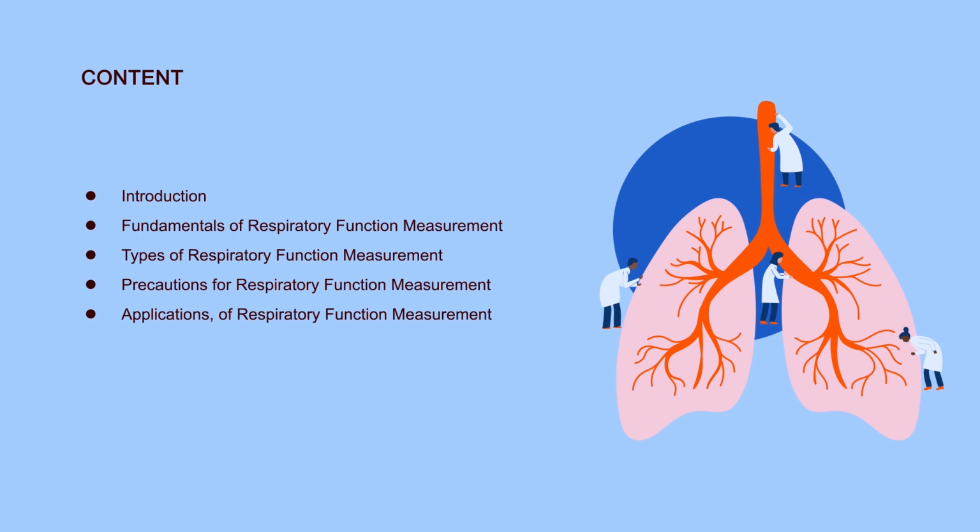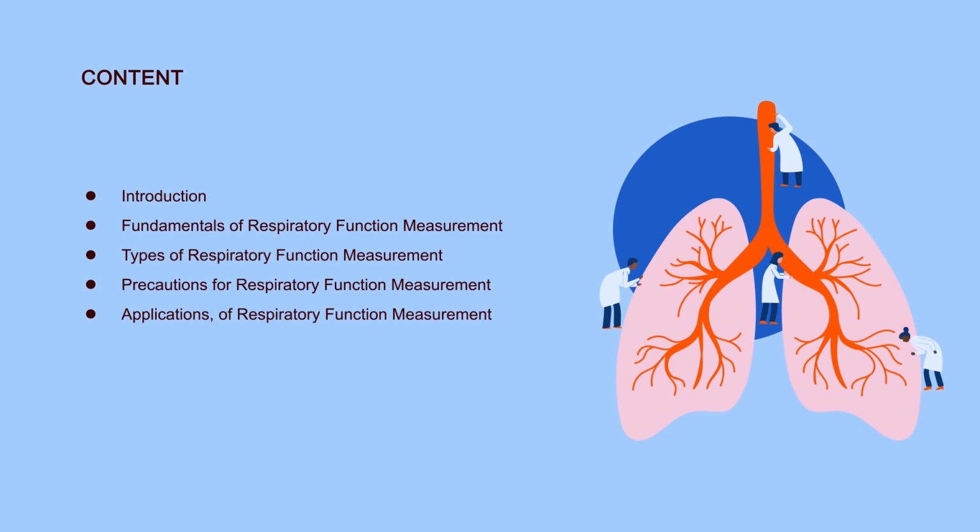Then we will cover fundamentals of respiratory function measurement. In this, we will explain the basic anatomy and physiology of the respiratory system, and discuss key parameters like tidal volume, vital capacity, respiratory rate and their clinical significances.